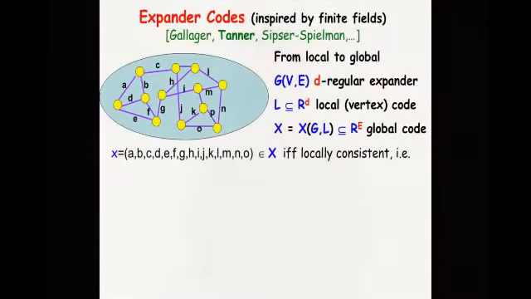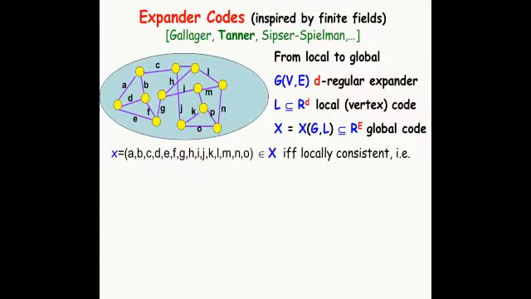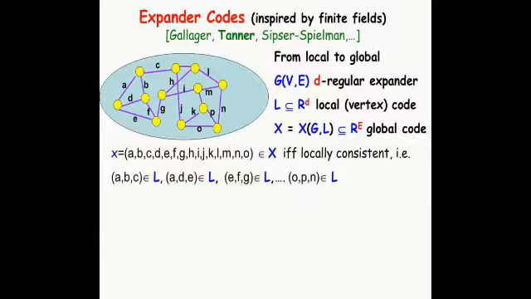Here's our word, a function over the edges, and it's a codeword if, for this vertex, the word on edges A, D, E is in the local code, good. Every vertex is checking it. If all of them are codewords, then the whole big word is in our new code, the global code X. So that's a construction of a big subspace from a small subspace, according to an expander graph.